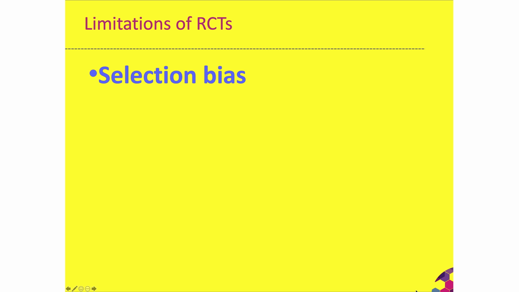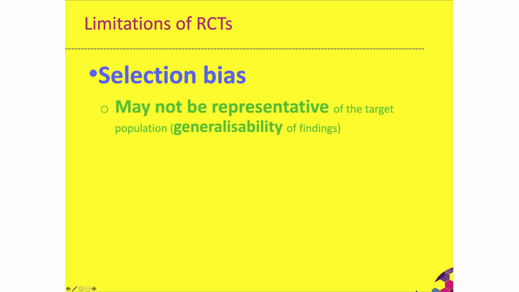We randomize after we've recruited them, and then we randomize to the two groups, the intervention group and the control group. So there's often a chance, as I said previously, that the types of people who take part are younger men and from a white ethnic background. So they may not be representative of the wider target population, and so our findings may not be generalizable to that wider population.